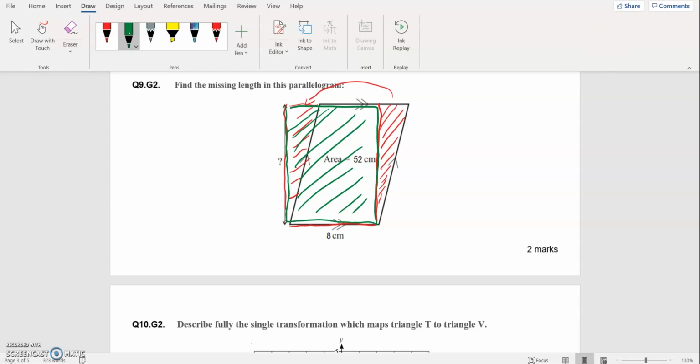So if the area is 52, which we find by multiplying 8 with this number that is missing, we need to find that number that is missing, which we can by dividing 52 by 8, and that is 6.5 centimeters.